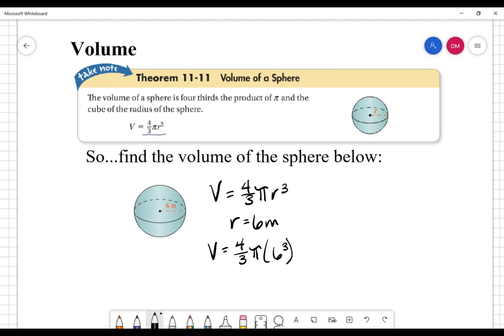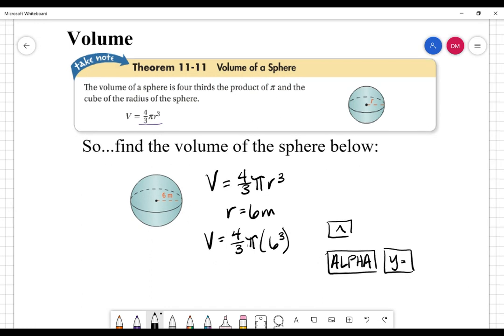We're going to have to use the little caret button on our calculator to get that. And again, if you want to actually plug this 4/3 in as a fraction, the shortcut to get to that is you use alpha and then the y equals button brings you to your shortcut menu.